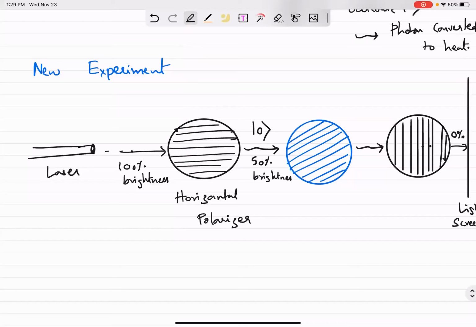And here, 50% of that, which is 25% brightness, but everything is in plus. So this change of the state changes what happens subsequently. It's not just that we're measuring, we're changing the state of the photon. So what comes after that? 50% of that. So you get 12.5%.